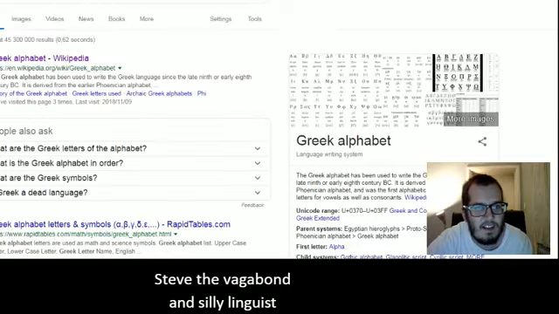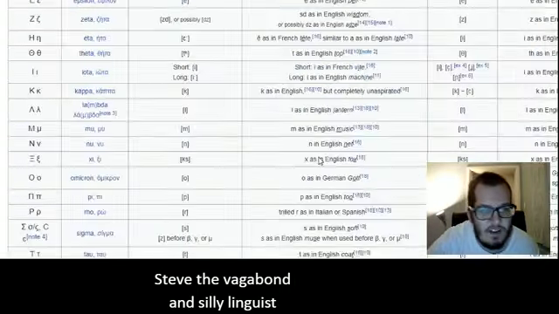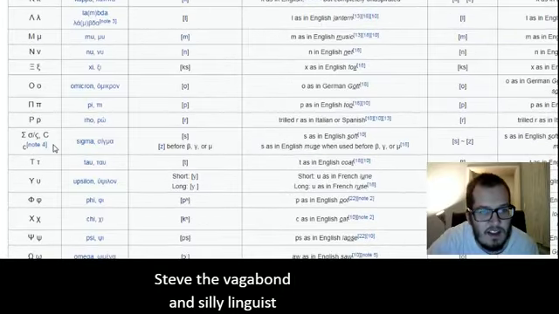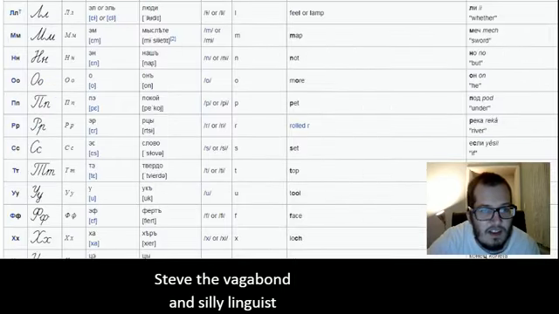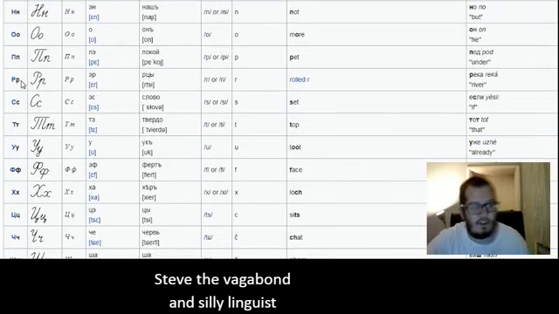Greek alphabet. If you look here, this one is descended from the same character that this one is, but obviously it had a different evolution. Sorry, I meant that one.